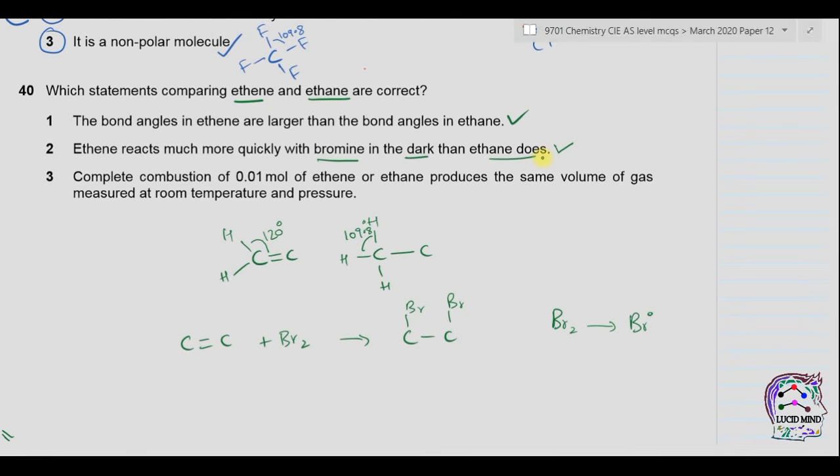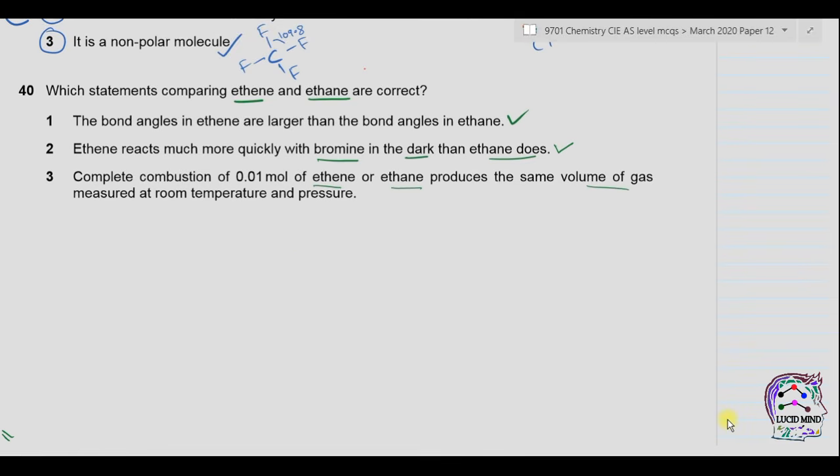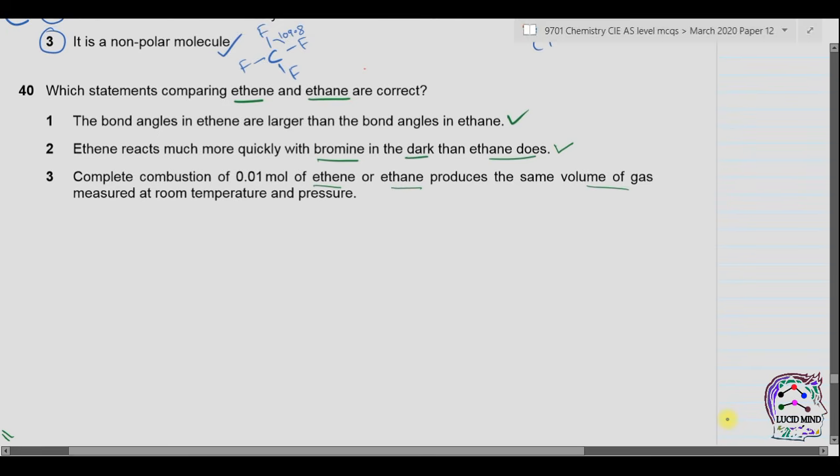Now part 3, complete combustion of 0.01 mole of ethene or ethane produces the same volume of gas. Now this is a question of moles. Let's find out the number of moles of the gas formed or the volume of gas formed. The reaction of ethene with oxygen. Ethene is C2H4. It reacts with oxygen to give carbon dioxide and water molecules.